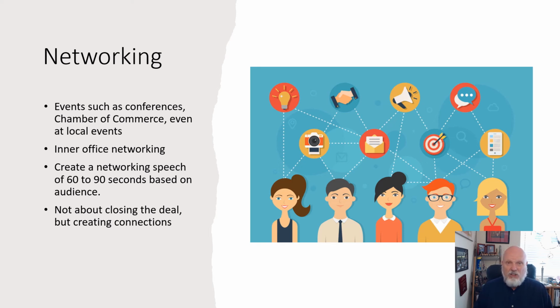And your computers are constantly crashing and having troubles. You might need to network with some people over in IT and get them to like you in order to support you in your department. So it can be an internal networking opportunity or it can be external. As we mentioned, you might go to a chamber of commerce representing your company or local events.